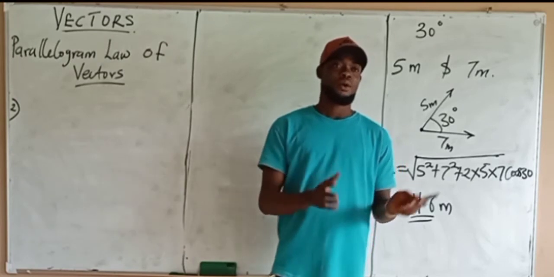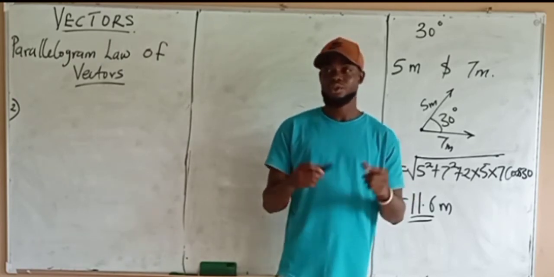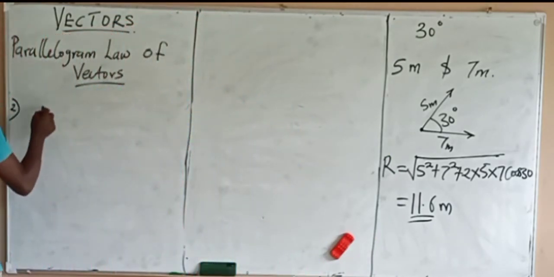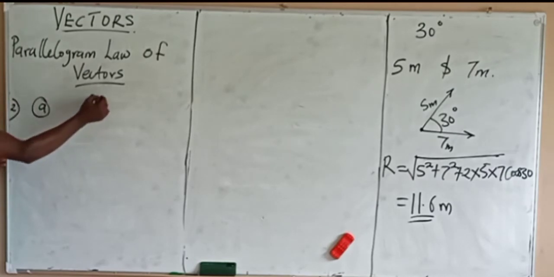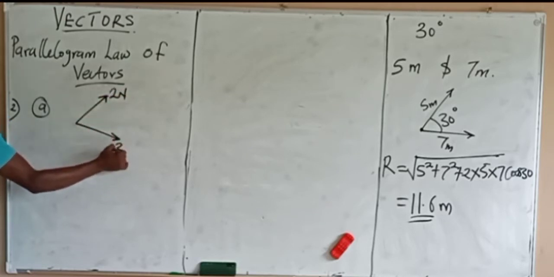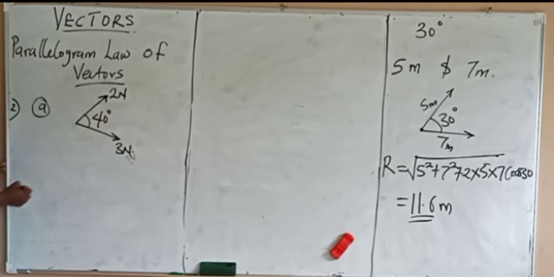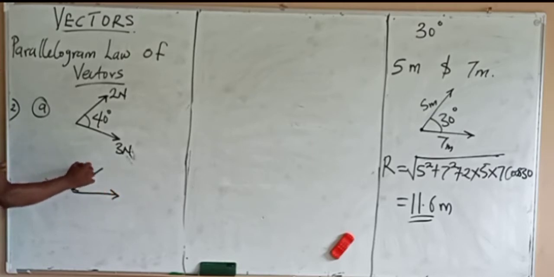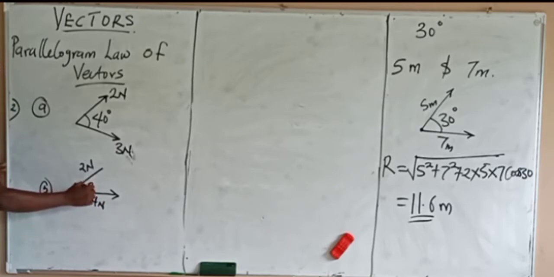For the first one, we have something like this: 2 newtons, 3 newtons, and a 40 degree angle. Then for B, we have something like this: 2 newtons, 4 newtons, and this angle is 20 degrees.